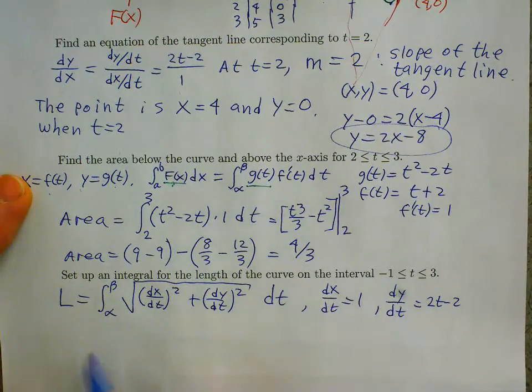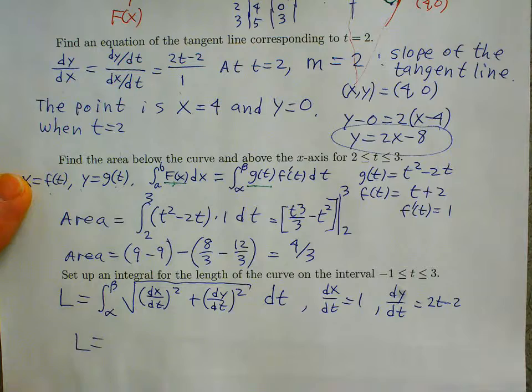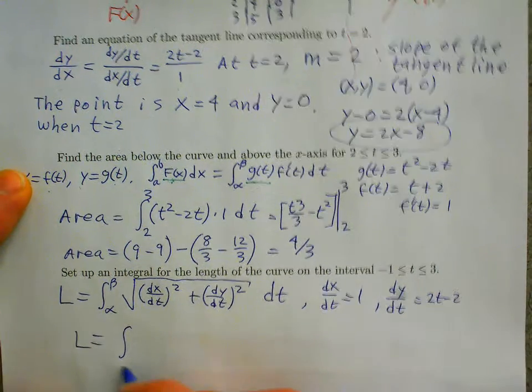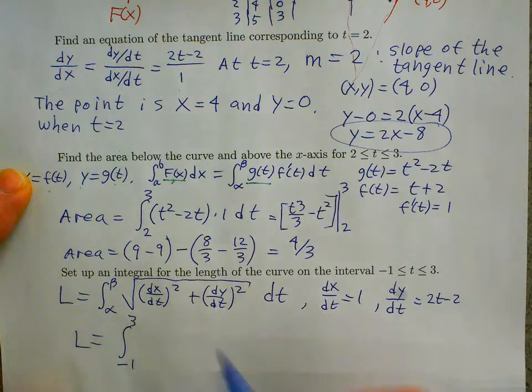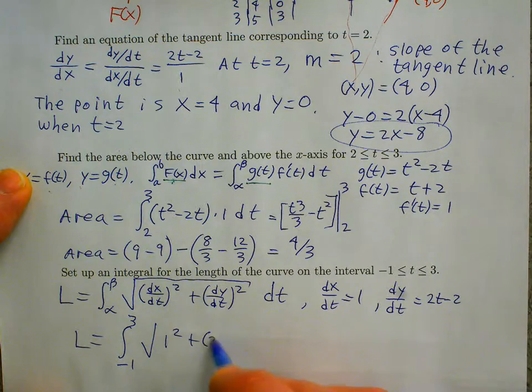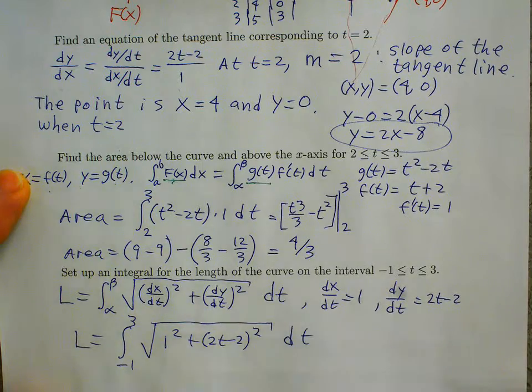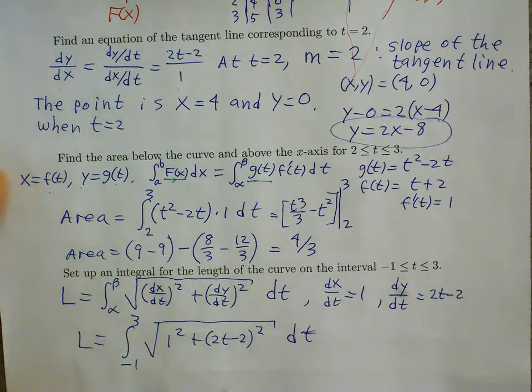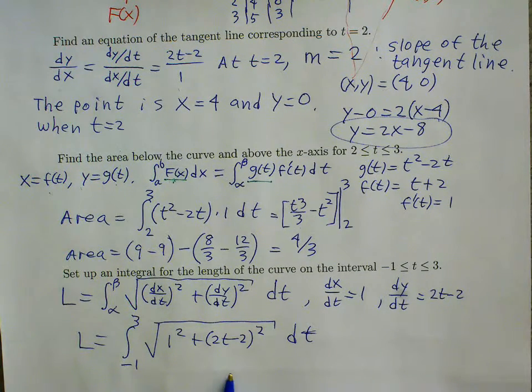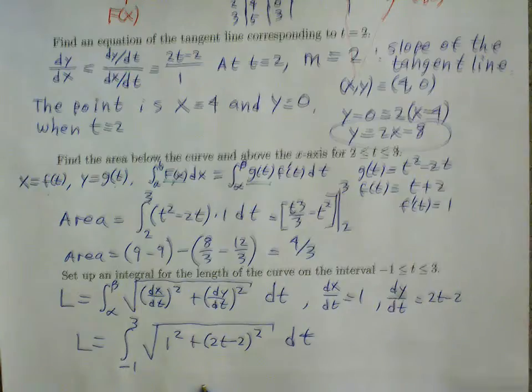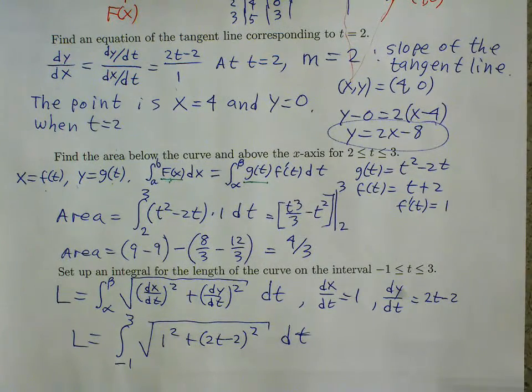And then the t values range from -1 to 3. So the definite integral from -1 to 3, and the square root of 1 squared plus the quantity 2t minus 2 squared dt. You can take it further if you want, but this is a pretty good answer for setting up the integral.